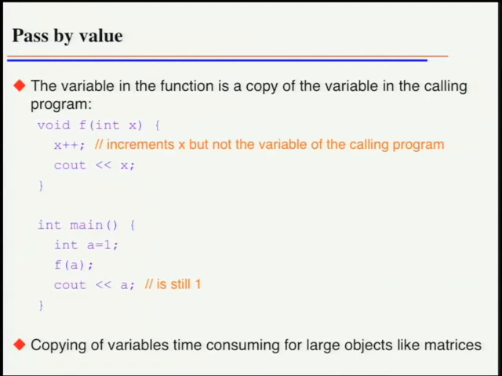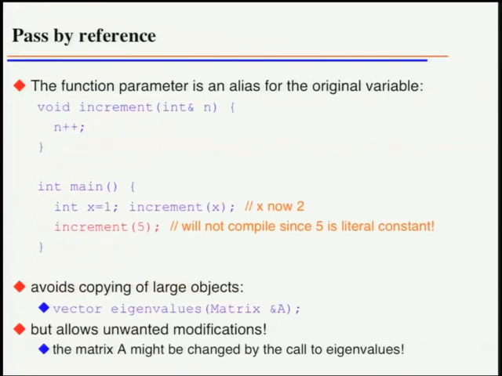Okay, that's very simple. The downside is if your function parameter is something very large, like a huge matrix, then you will waste lots of memory because it needs to be copied and copied all over. The solution to that is a pass by reference. We can say the parameter n should be a reference. If we now call this increment function, we will increment the originally passed variable x from here.